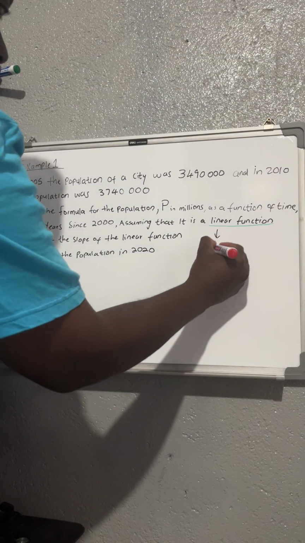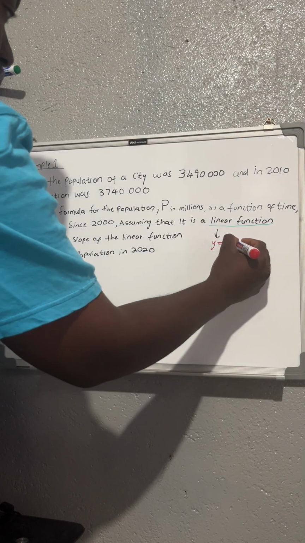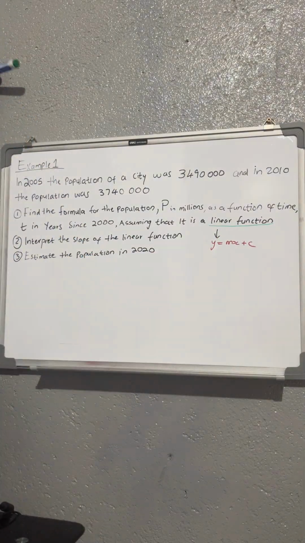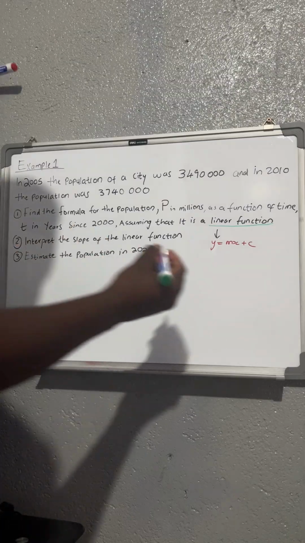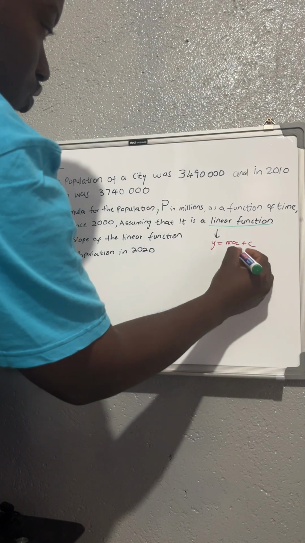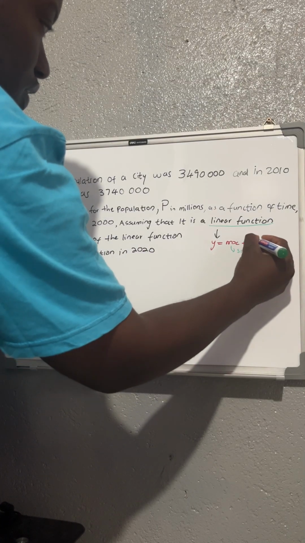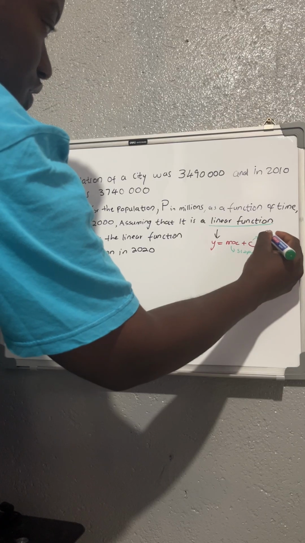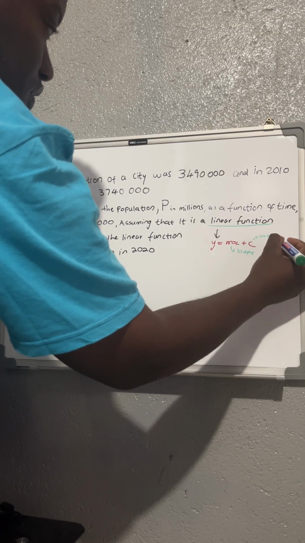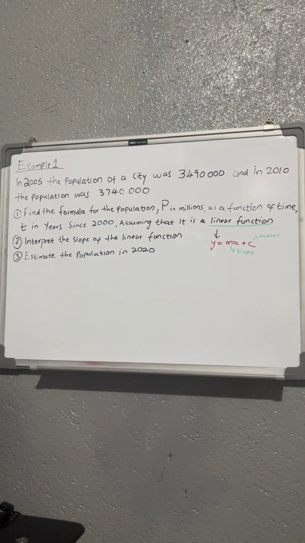You know this, it's y equals mx plus c. Then with your m, you know this one, it's normally your slope. Then this would be your vertical intercept. You see? So that's the slope for your linear function.